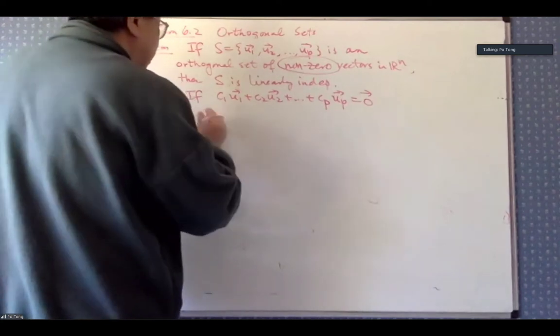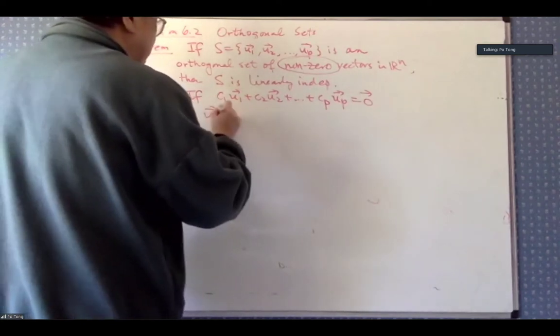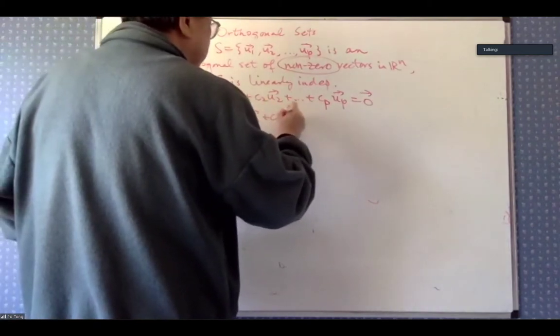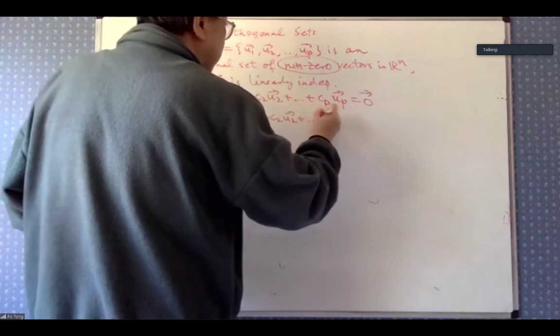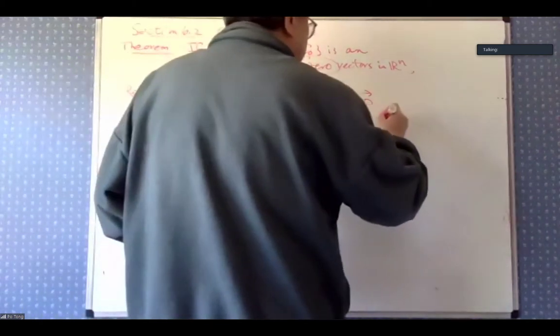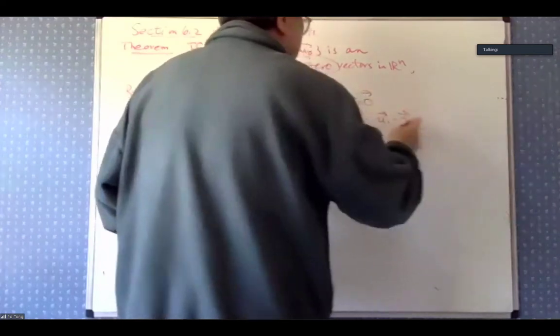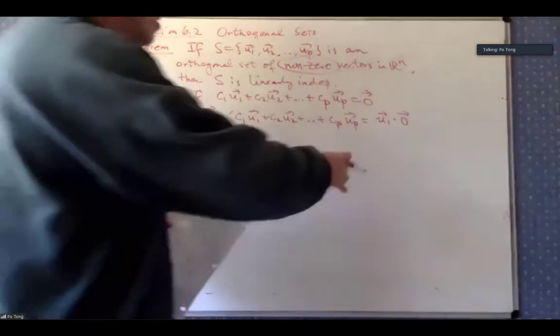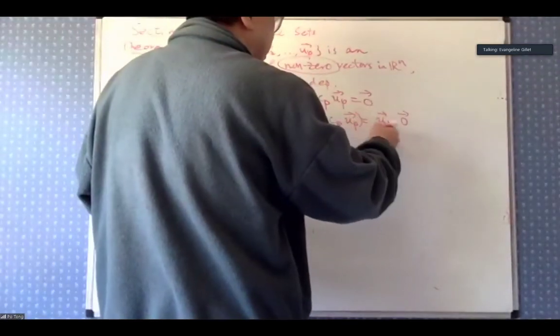I'll just do u1 first. Do u1 dot this guy. And what is u1 dot the zero vector? So what is the right hand side? 0.